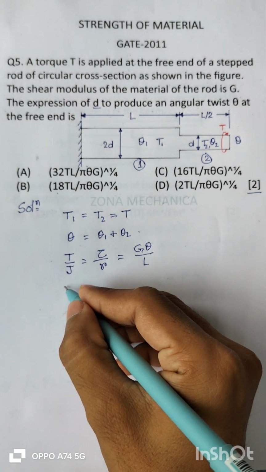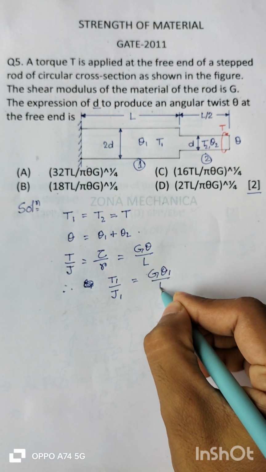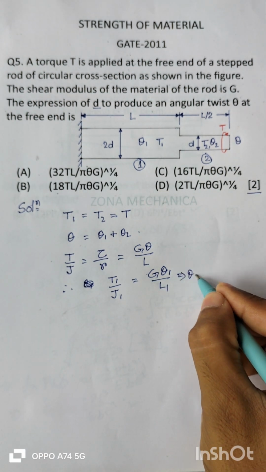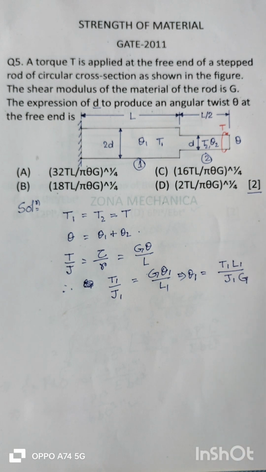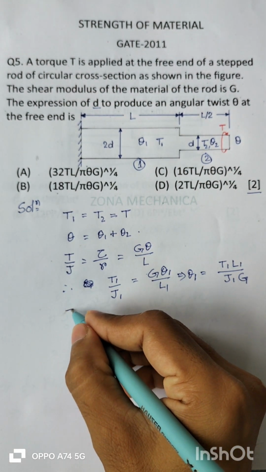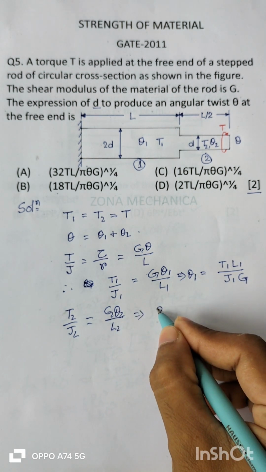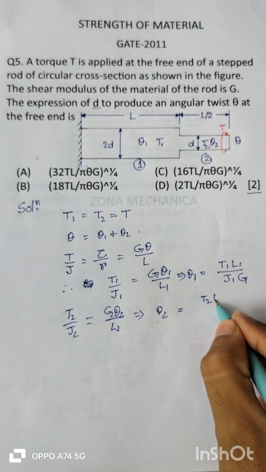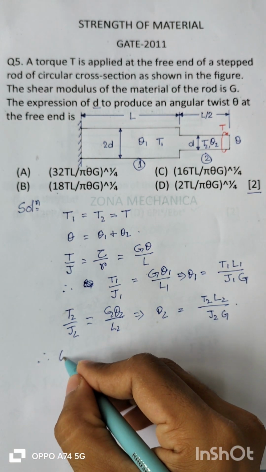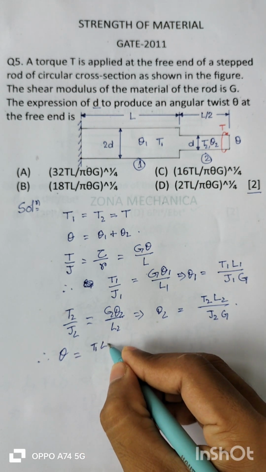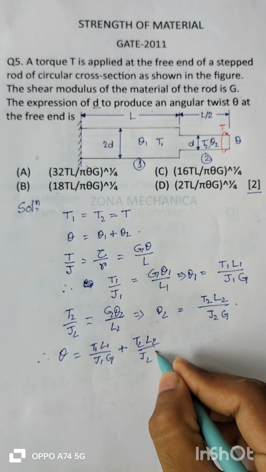So from here T1 by J1 is equal to G theta 1 by L1, which implies theta 1 is equal to T1 L1 by J1 G. Again, T2 by J2 is equal to G into theta 2 by L2, which implies theta 2 is equal to T2 L2 by J2 G. Therefore theta is equal to T1 L1 by J1 G plus T2 L2 by J2 G.